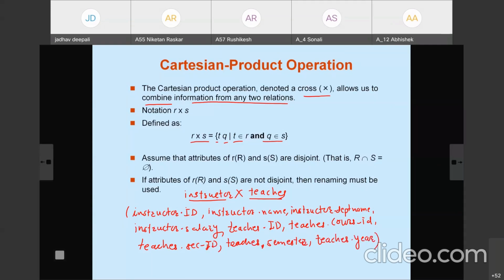Okay, so total 1 2 3 4 5 6 7 8 9 attributes there are in the resulting relation.